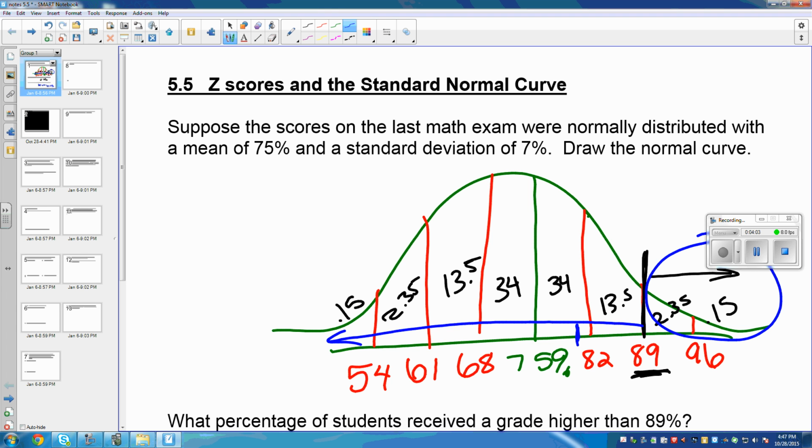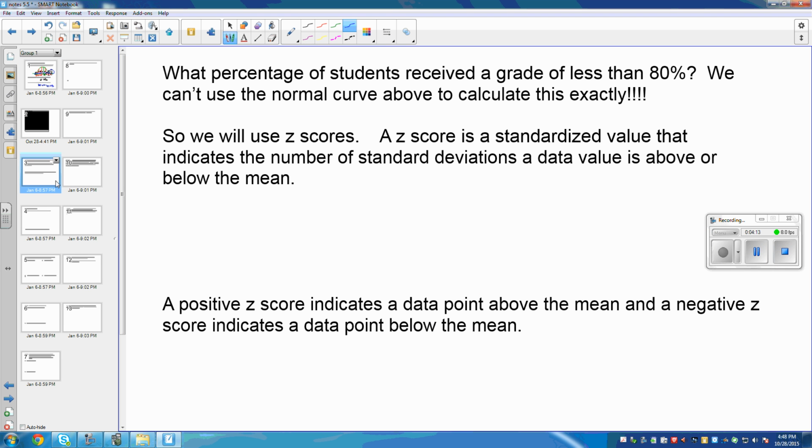Okay? So z-scores are great. You need to know how to calculate a z-score. A z-score is a standardized value that indicates the number of standard deviations a data value is above or below the mean. Okay? So in order to calculate a z-score, we find a value.